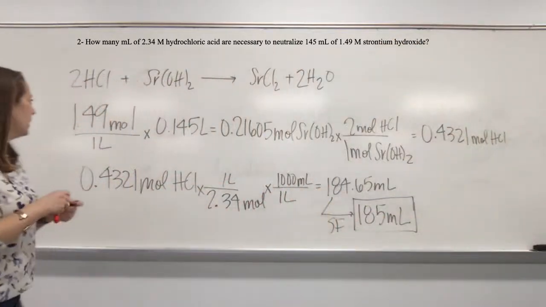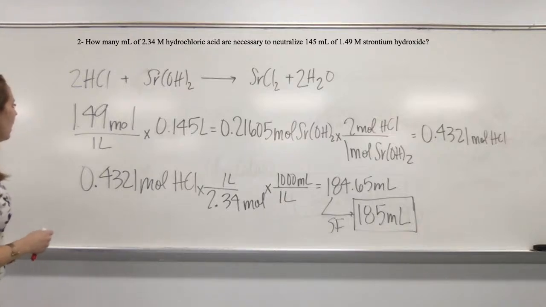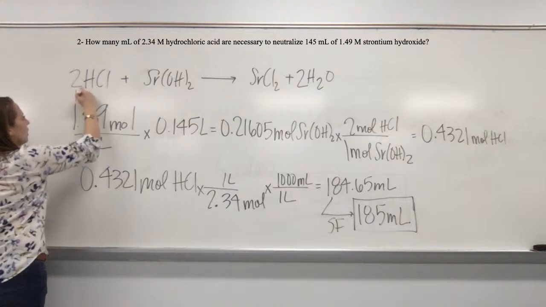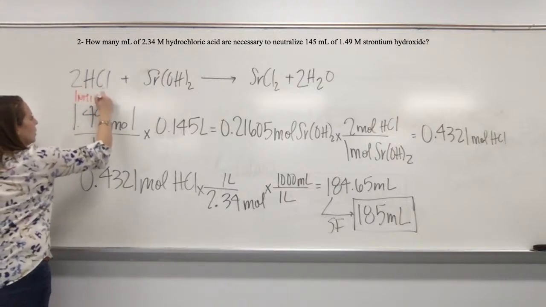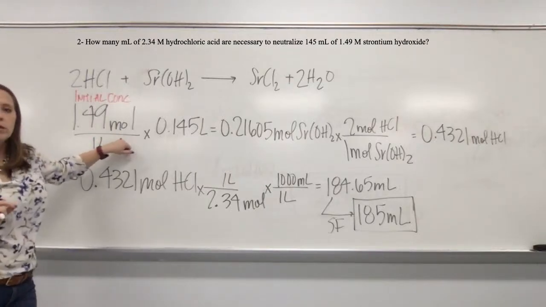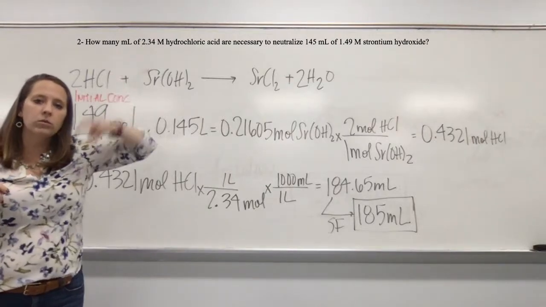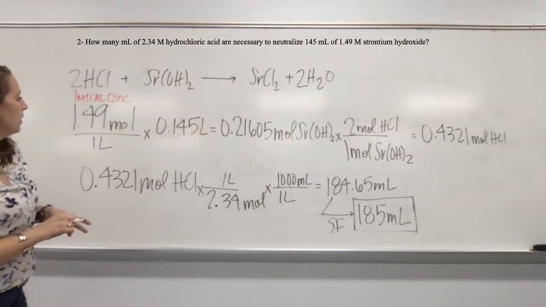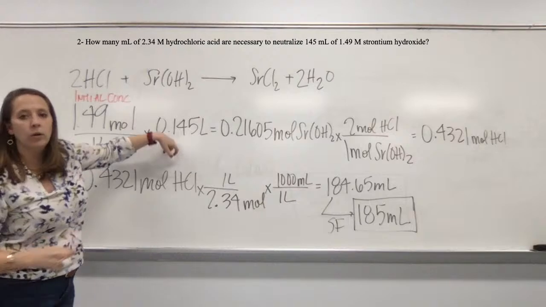So this here is our initial concentration. All I did was take molar, which is the big M, and split it into moles over liter so that I could multiply and divide as I wanted to. This is our starting volume in liters.